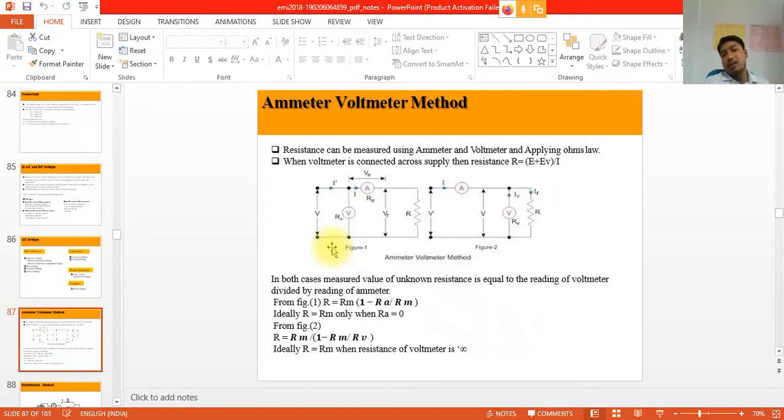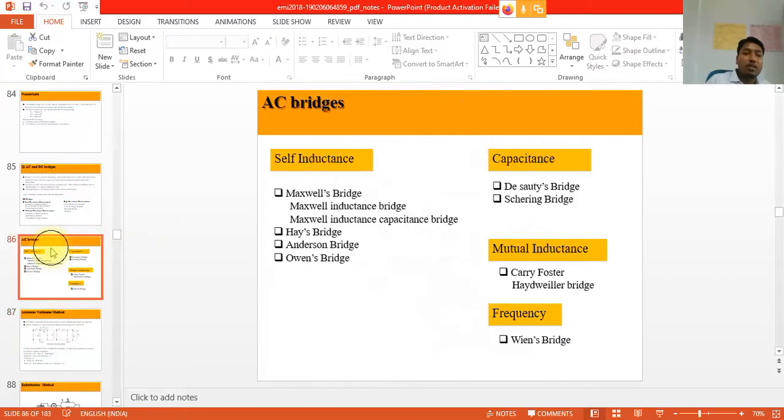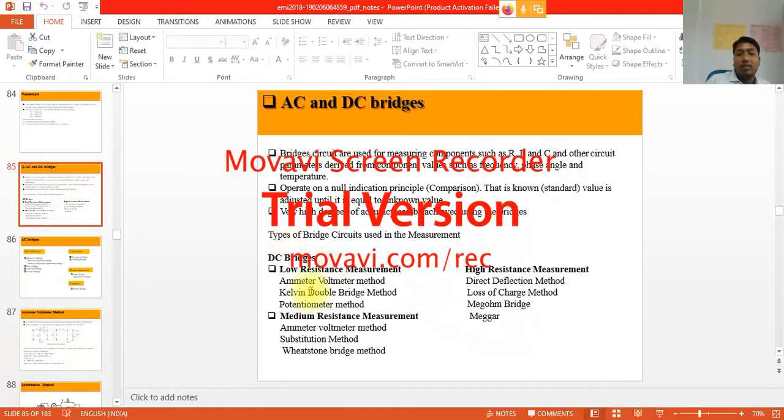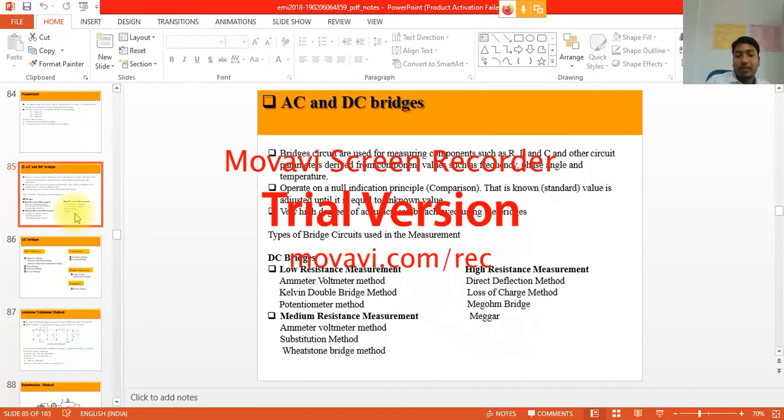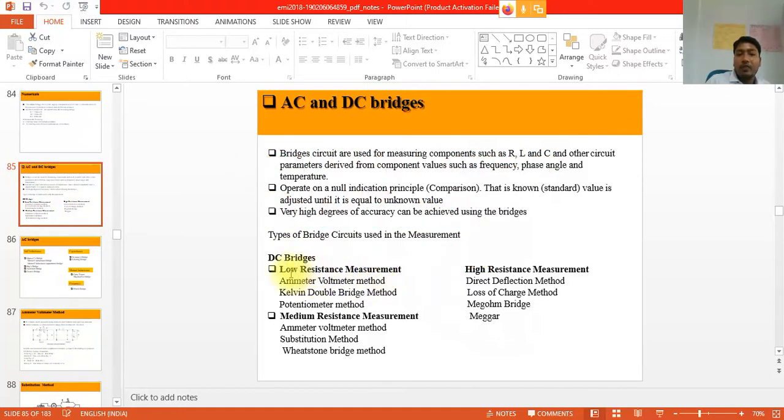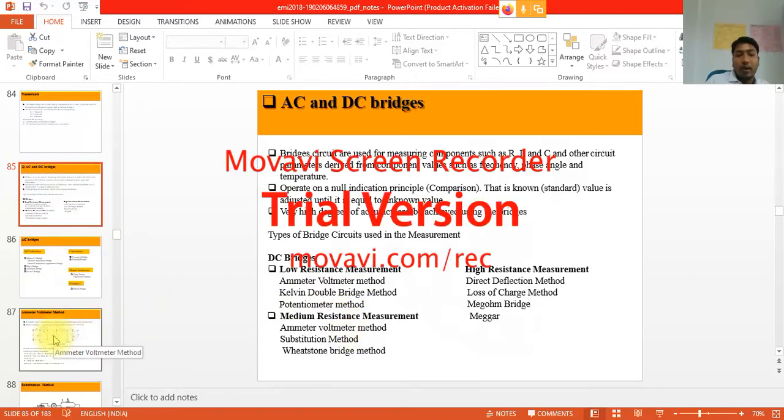Now we are going to start the ammeter voltmeter method. You have seen that this method is applied for low resistance as well as for medium resistance. There is a big difference between these connections.